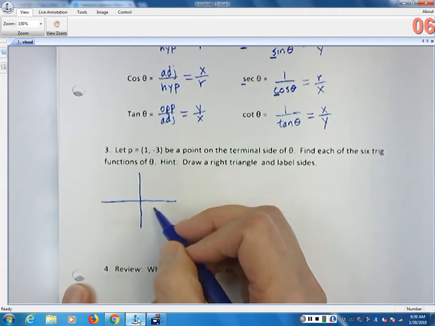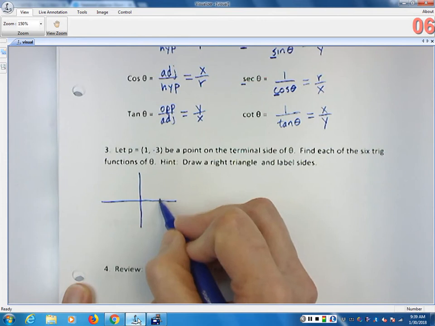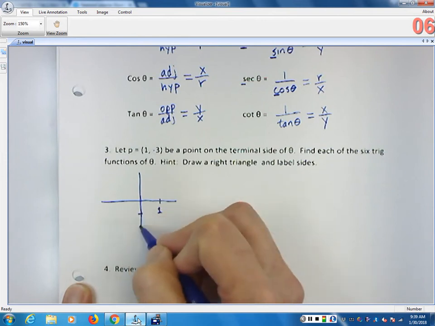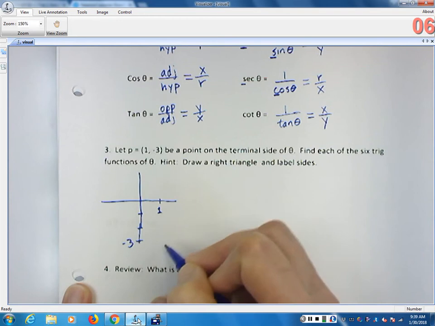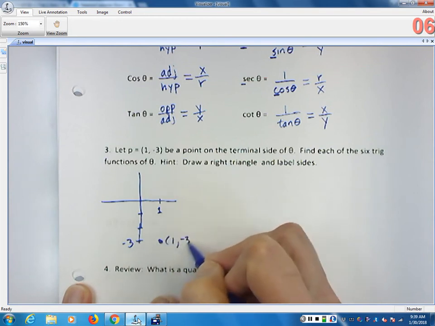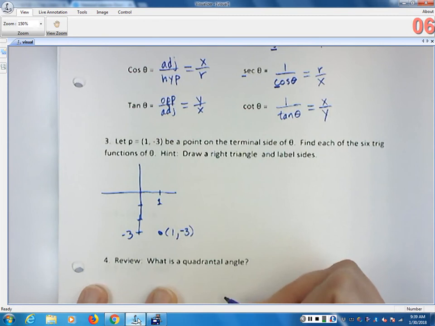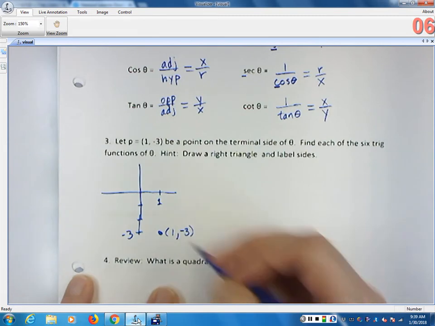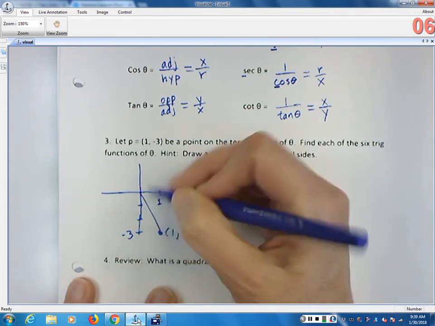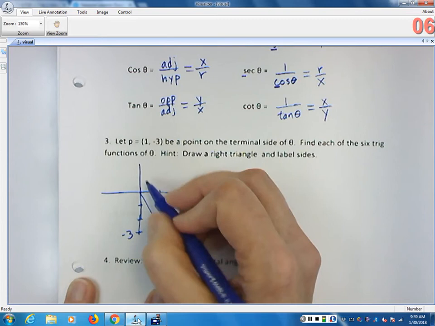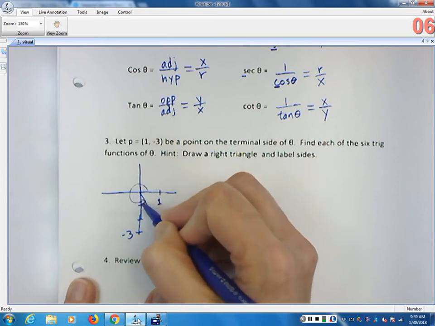And we're going to let this one be 1, and we're going to go down to -3. So the point is 1, -3. This is actually our theta.